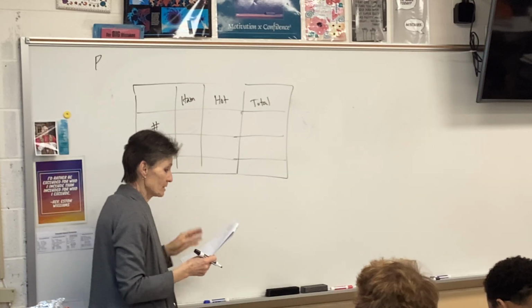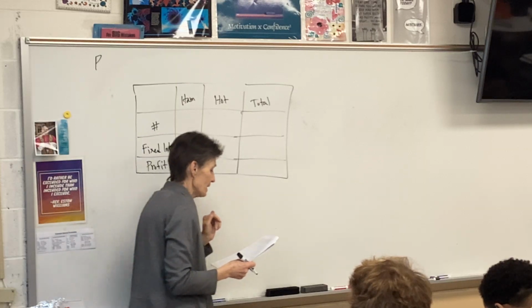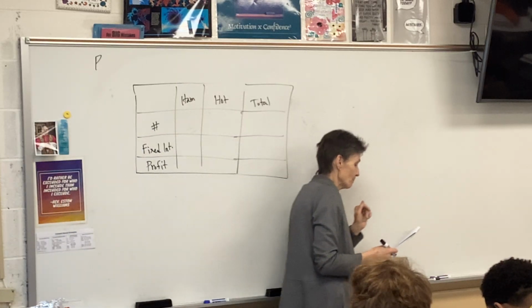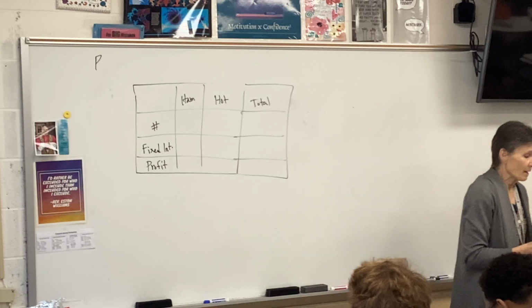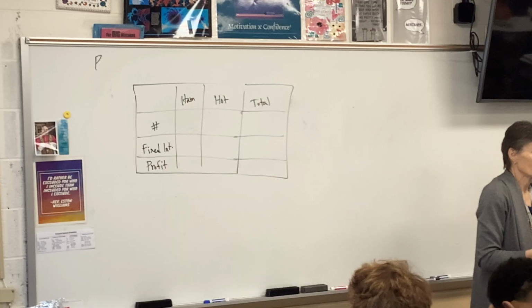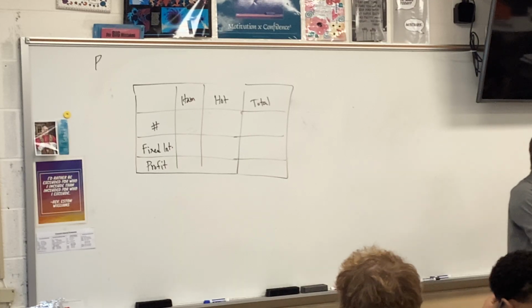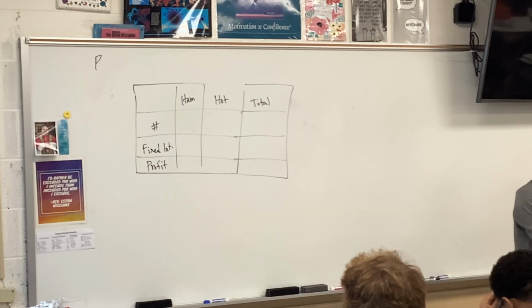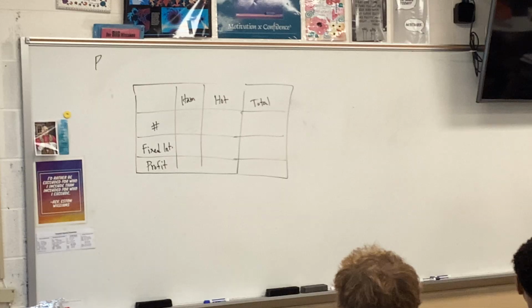A snack bar cooks and sells. To stay in business, it must sell at least 10 hamburgers, but not more than 40. That's what we call a fixed interval. What does that tell me about my hamburgers? They have to be somewhere between 10 and 40.